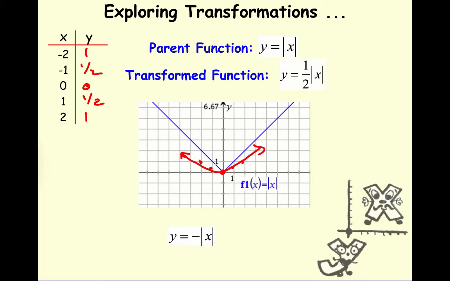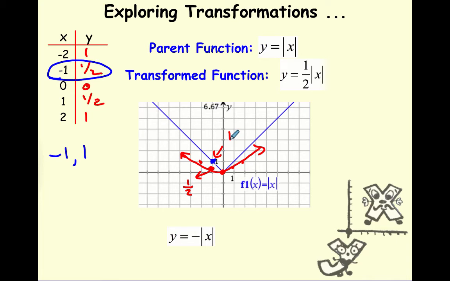So this point right here in the parent function was at -1, 1. But now in our transformed graph, notice that it's closer to the x-axis. So this point has a distance that's half a unit above, versus this one that's 1 unit above the x-axis.